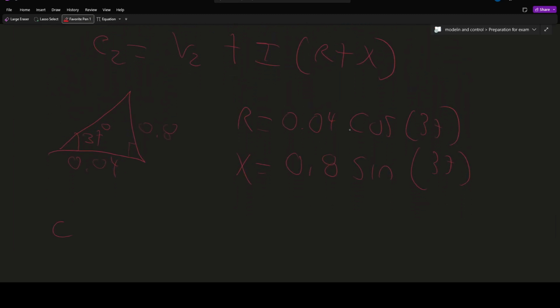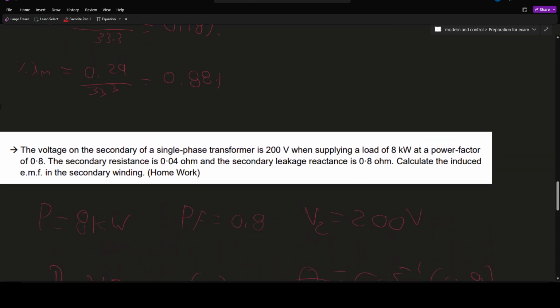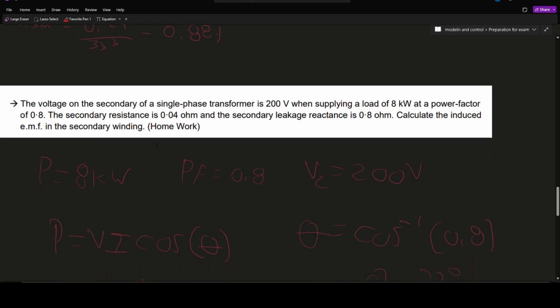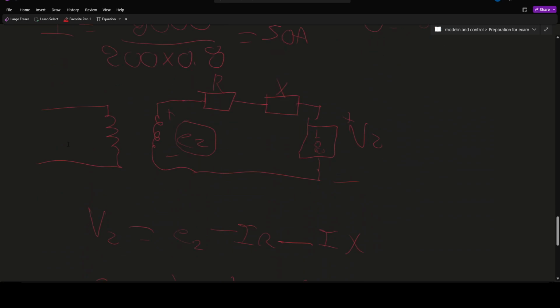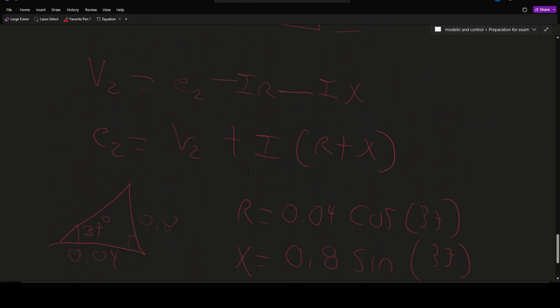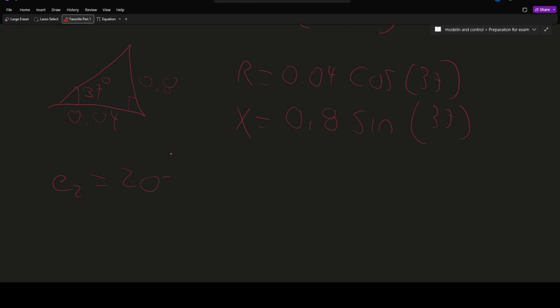And like this, the EMF in the secondary winding, the induced EMF, is going to be our 200 volts plus the current that we just calculated times 0.04 times cos of 37, which is 0.8 because that is our power factor, plus 0.8 times sine of 37, that is 0.6.